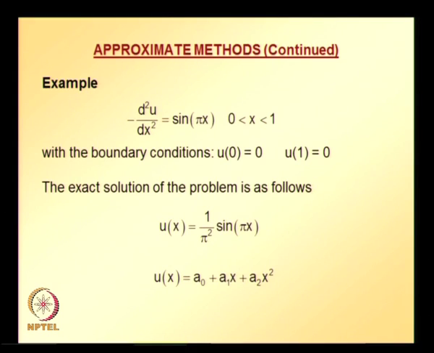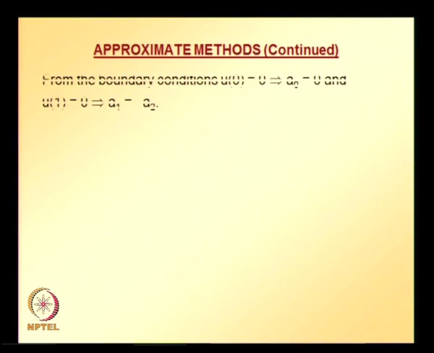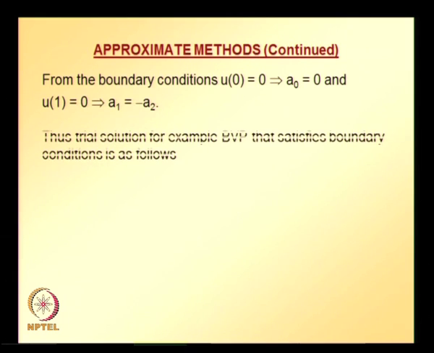So substituting or forcing those conditions on this trial solution, we can determine or eliminate some of the unknown coefficients out of a naught, a 1, a 2. Doing that, we get a naught is equal to 0, a 1 is equal to minus a 2.